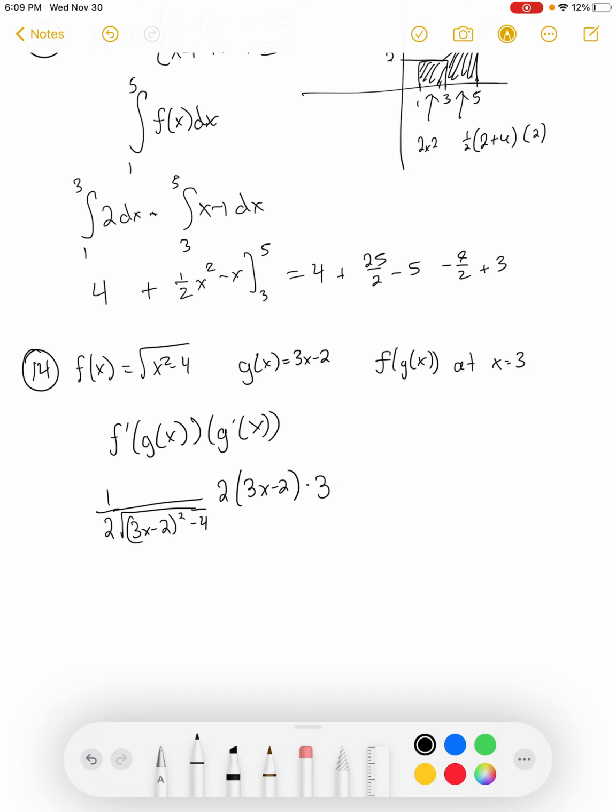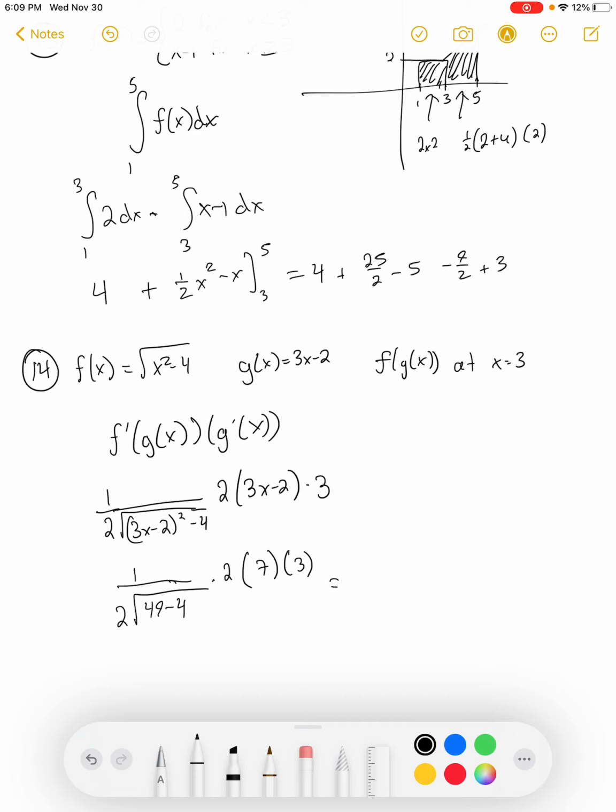So at 3, this thing is going to be 1 over 2 square root of 49 minus 4, times 2 times 7 times 3. That's 45, so we'll get something nice.